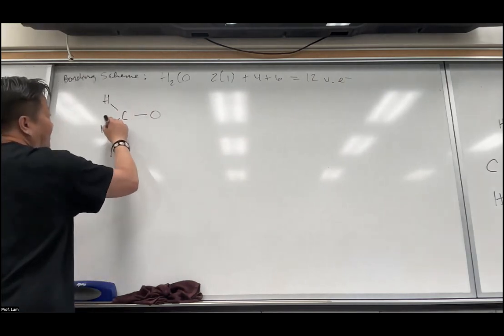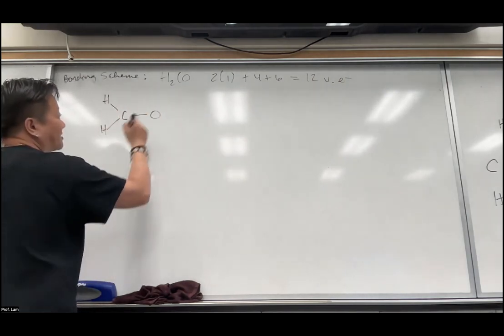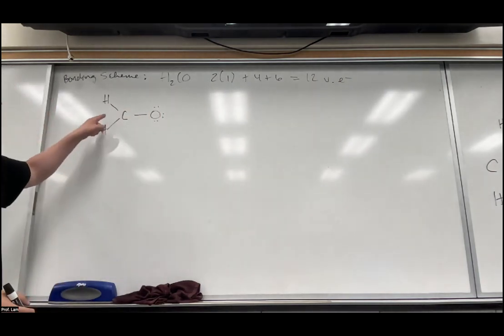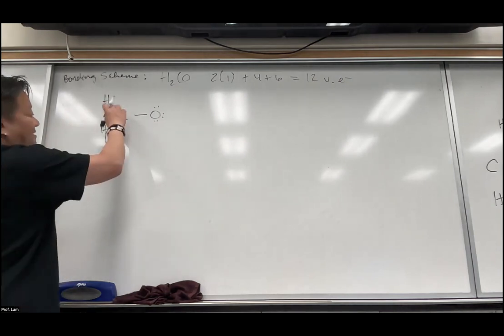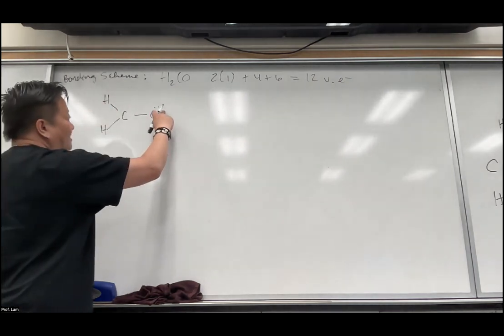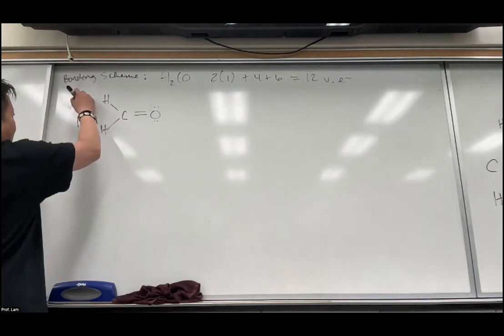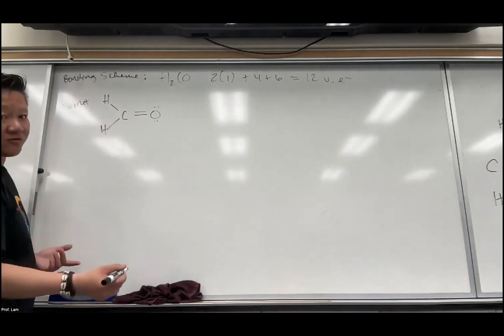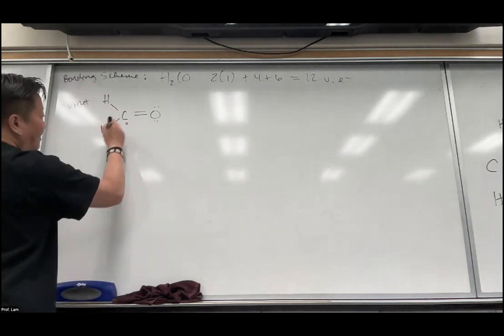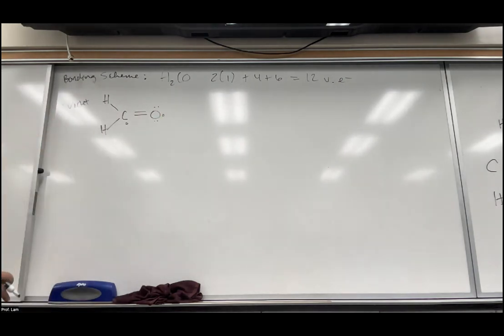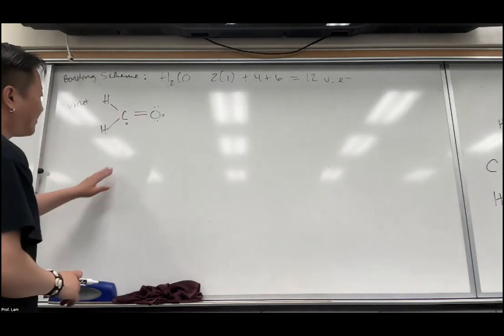Single bonds use 6 electrons, 6 electrons left. We realize we've got to make this an octet, so we raise 2 and double bond. Everybody has an octet now. Formal charge on carbon: 1, 2, 3, 4, that's 0. On this oxygen, 1, 2, 3, 4, 5, 6, that's okay. Hydrogen obviously 0.